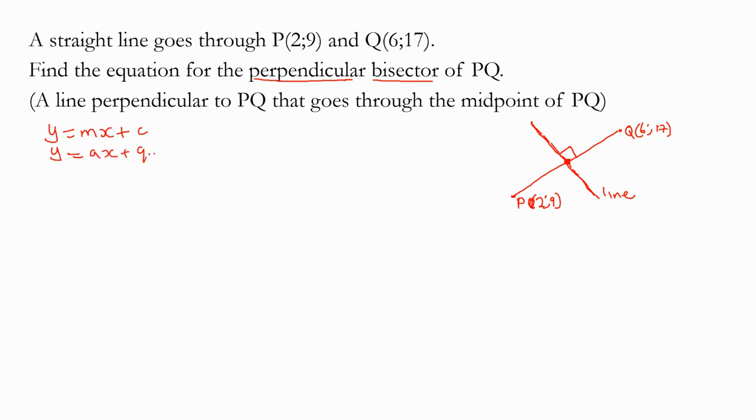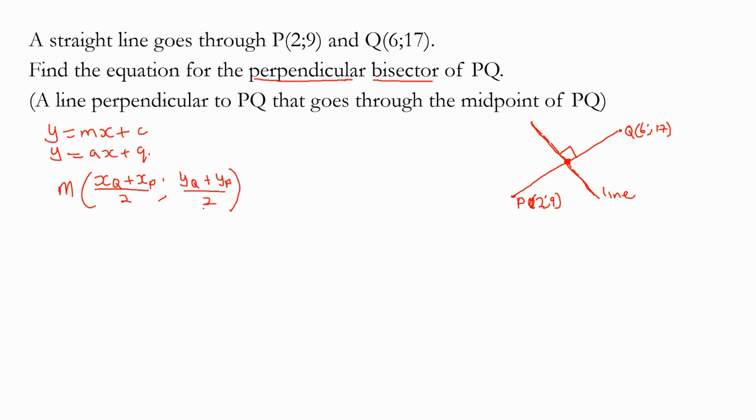Now let's find the midpoint of PQ. The x-coordinate of the midpoint is the x-coordinate of Q plus the x-coordinate of P, divided by 2. The y-coordinate of the midpoint is the y-coordinate of Q plus the y-coordinate of P, divided by 2.